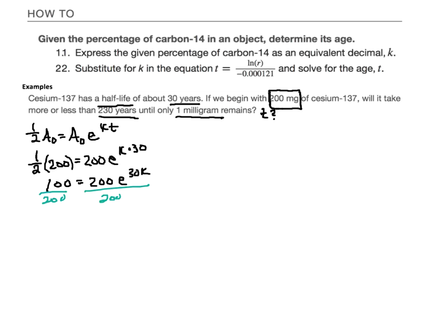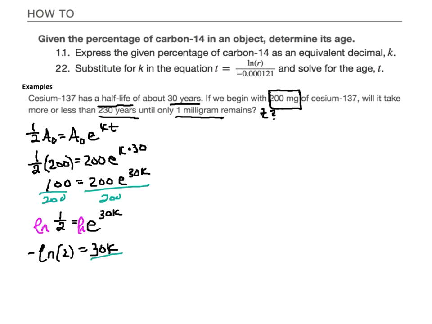And that gives me 1/2 equal to e to the 30k. Taking the natural log of both sides, remember that the natural log of 1/2 is just the negative ln of 2, and the ln of e to the 30k is just 30k.